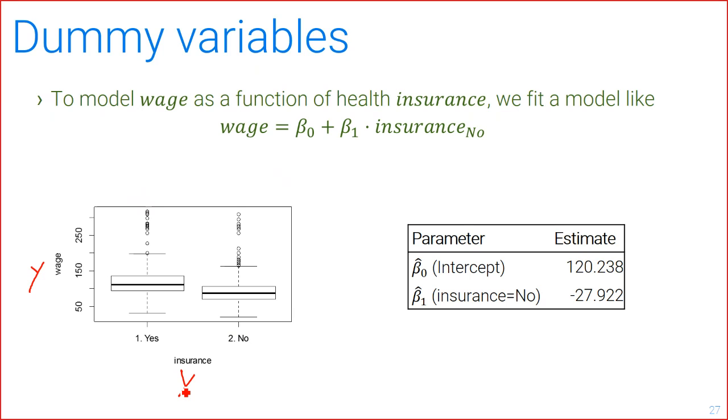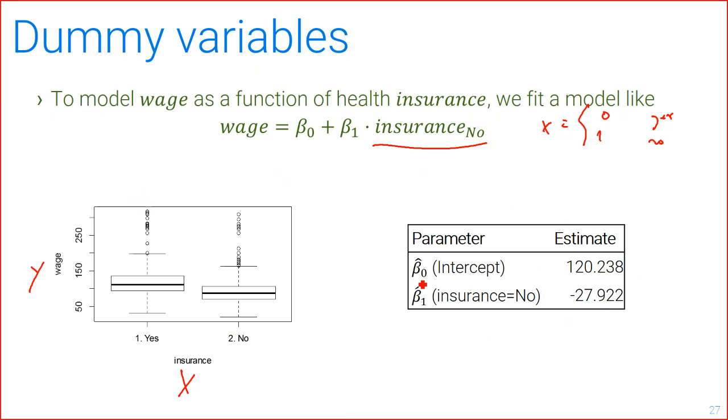Now it turns out that this X is categorical, so we're going to use a dummy variable. This dummy variable is going to encode specifically the case in which insurance equals no. So again, the dummy variable would be 0 if yes, 1 if no.